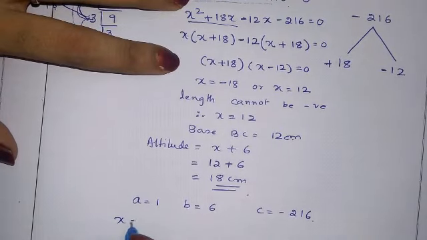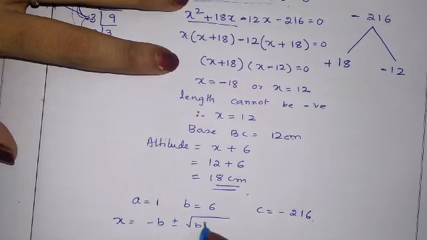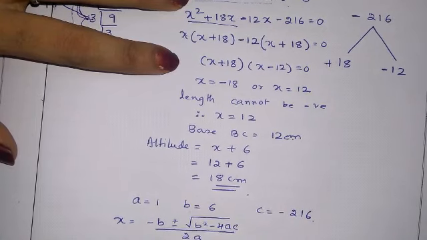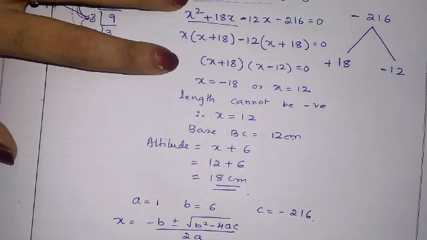We know the formula x is equal to minus b plus or minus root of b square minus 4ac upon 2a. So minus 6 plus or minus root of 6 square minus 4 into 1 into minus 216 upon 2 into 1.